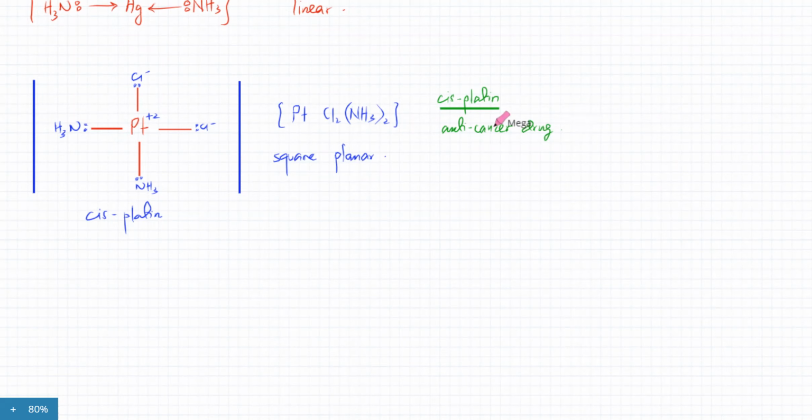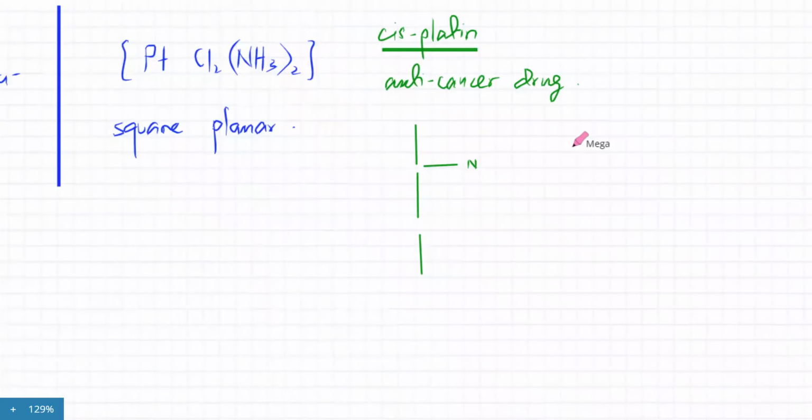Now, DNA is like a ladder-shaped structure. Not going into a lot of detail, but your DNA is like a ladder-shaped structure, and it's got these nitrogen bases coming out of it. There are actually 4 nitrogen bases, and this is an oversimplification.